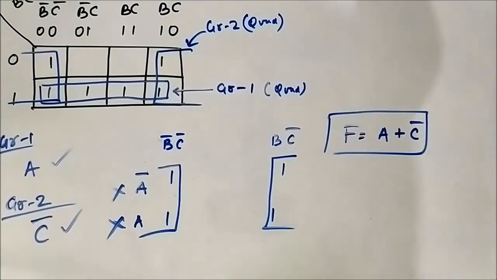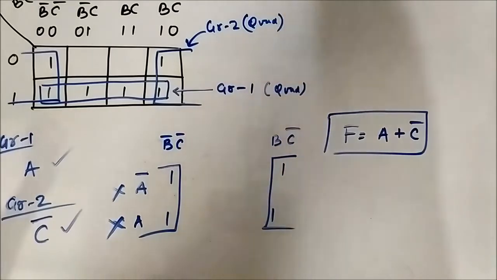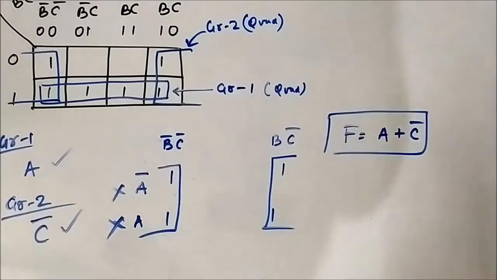So always remember this, try to form the minimum number of groups, with the maximum cells accommodated in a group: pair, single, pair, quad, octet, giving maximum priority to the most populous group.